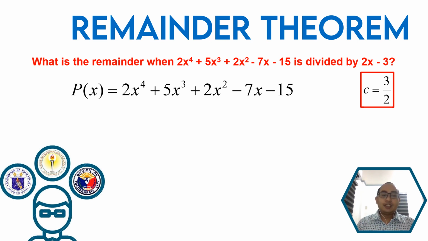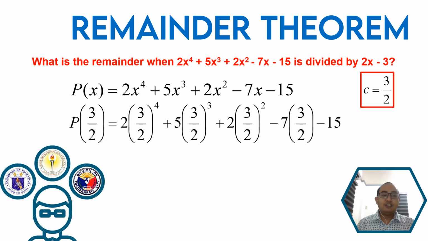So replacing x now with 3 over 2, that gives me 2 times 3 over 2 raised to the fourth power plus 5 times 3 over 2 raised to the third power plus 2 times 3 over 2 raised to the second power minus 7 times 3 over 2 minus 15.